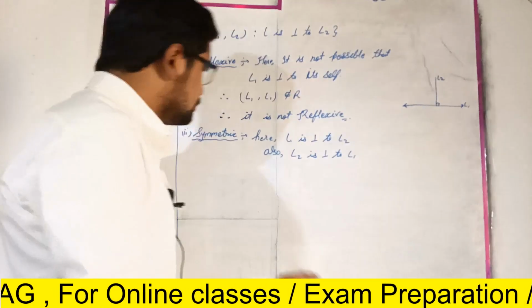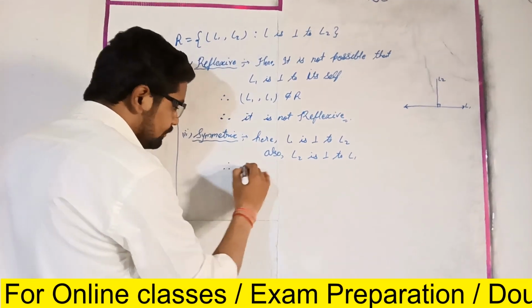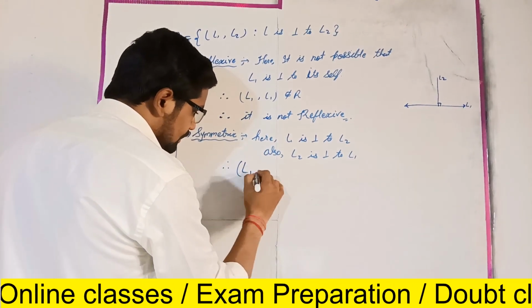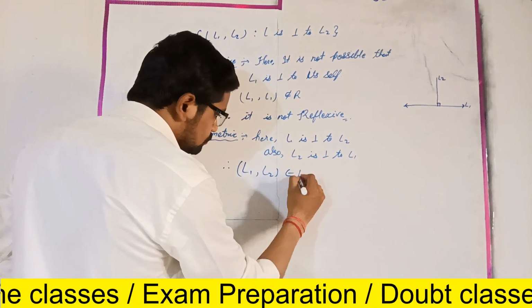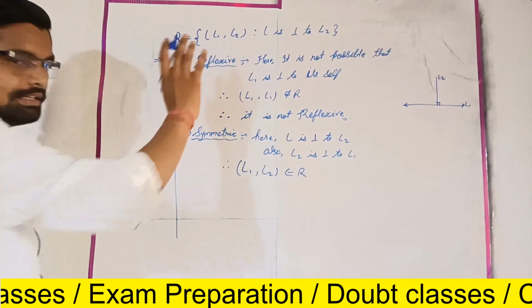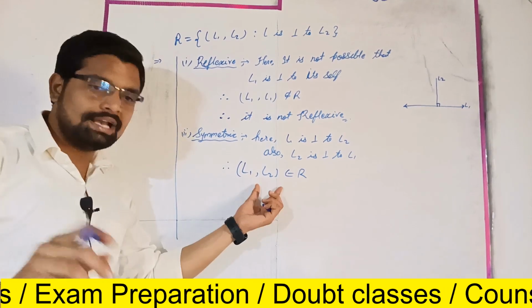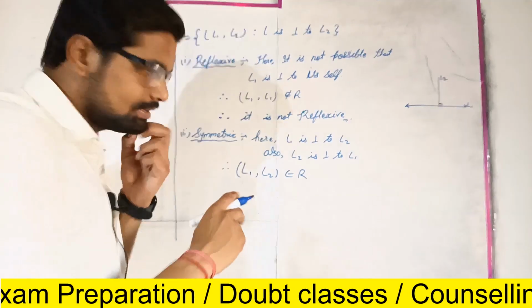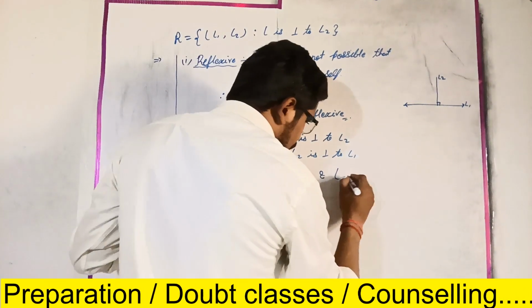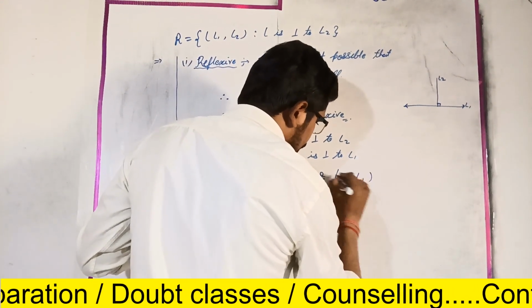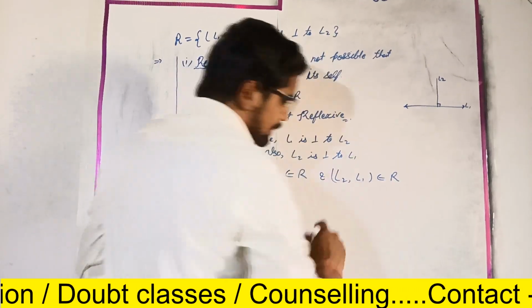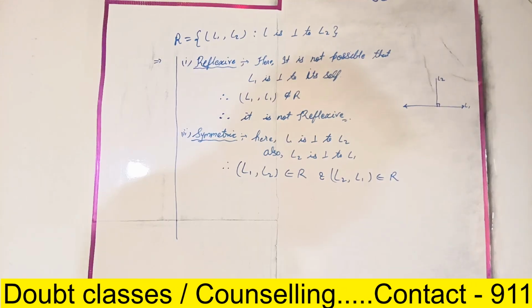So therefore we can say that L1 L2 belongs to R. It means this satisfies the relation. It will be an element of this relation. And also L2 L1 will belong to R. Is it clear?